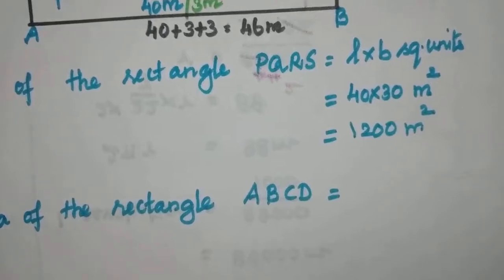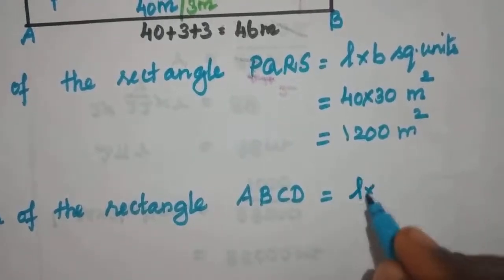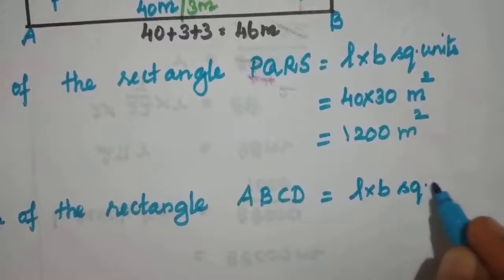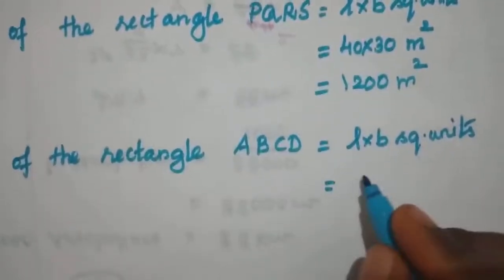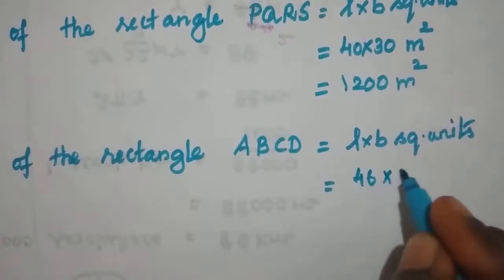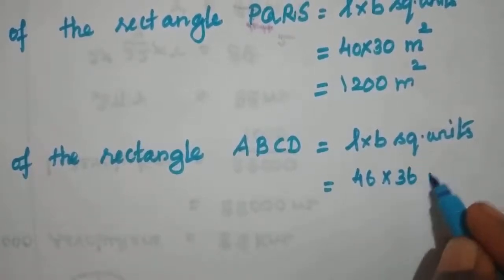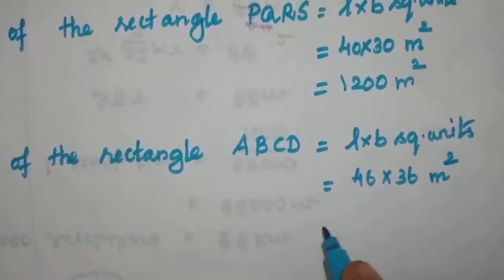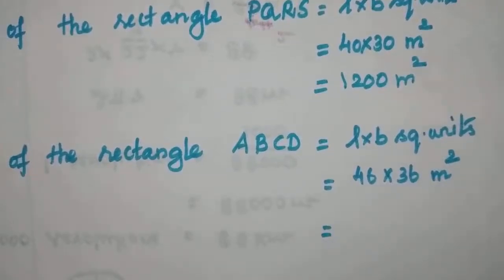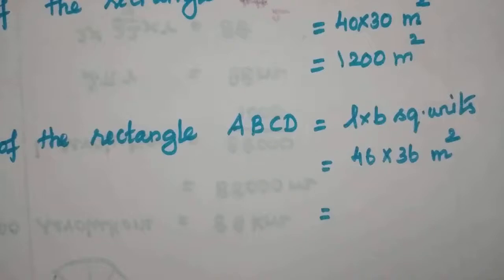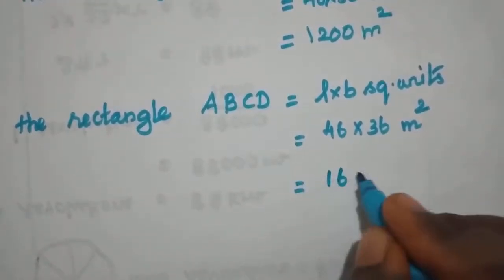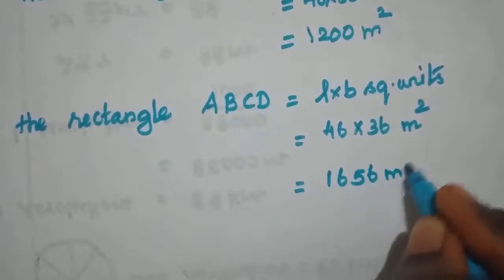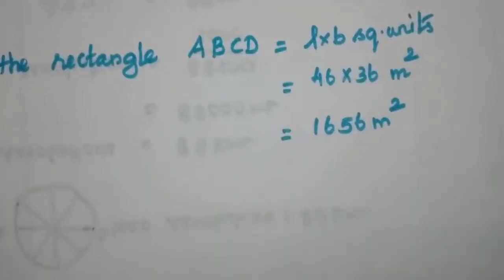The area of the rectangle, the formula is L into B square units. Length 46 into breadth 36 meter square. You get the answer as 1656 meter square.